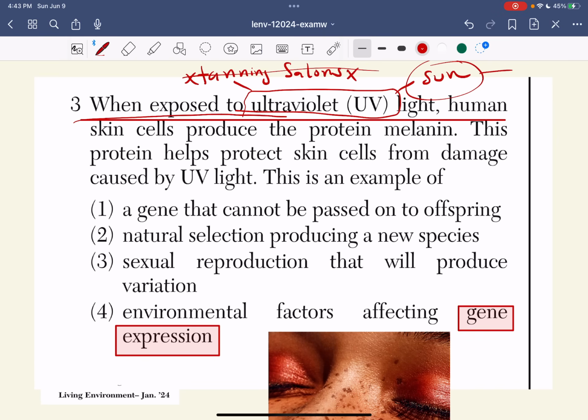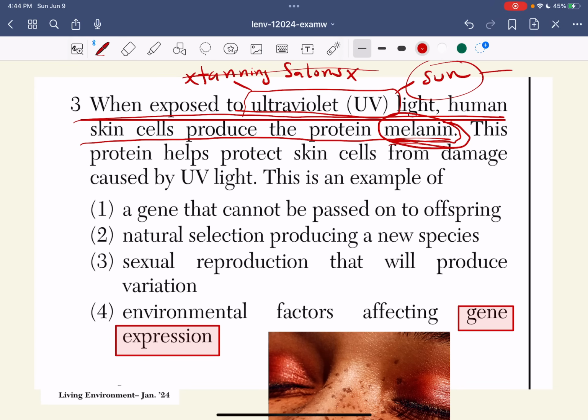So when you're exposed to UV light, human cells produce the protein melanin. Melanin is what gives you the color of your skin, okay? Different people have different skin tones, and that is all connected to their DNA, who their parents are, where in the world they live, and what kind of environmental factors are affecting their skin to produce more melanin.